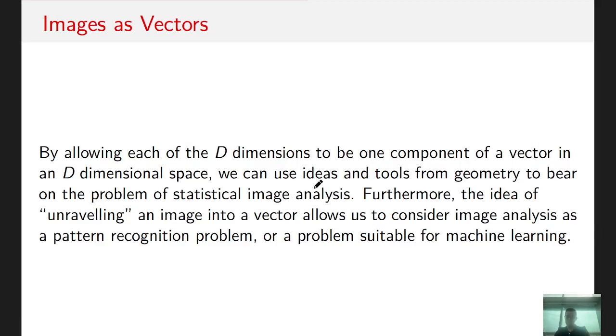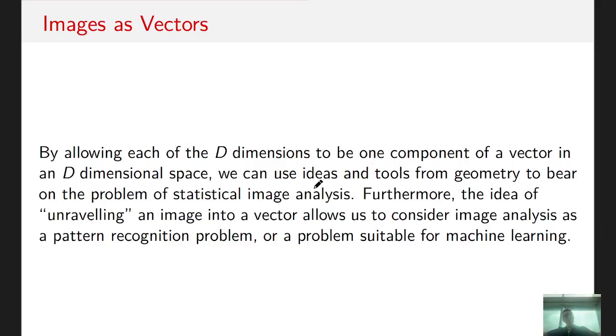It's very simple. However, one thing to bear in mind is that when we unravel our image into this big long vector, we've lost the nearness of pixels. 2 pixels that might have been close to each other in the representation as a two-dimensional array become far apart in the vector.